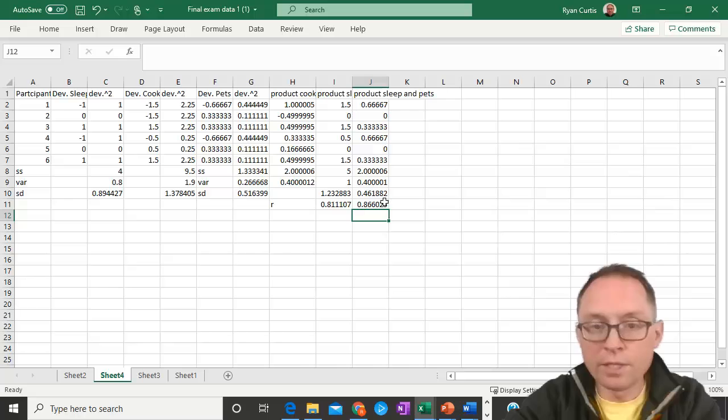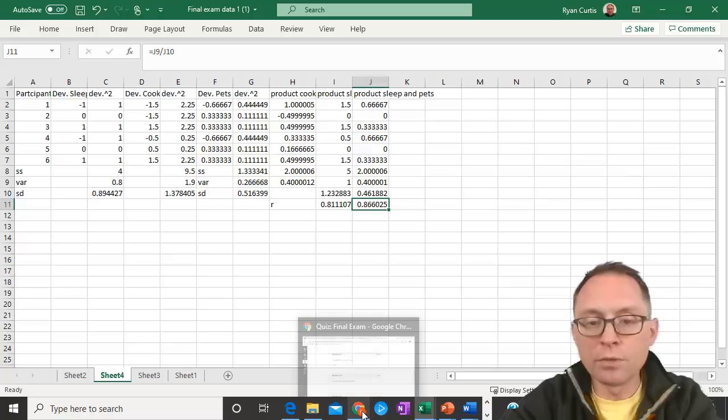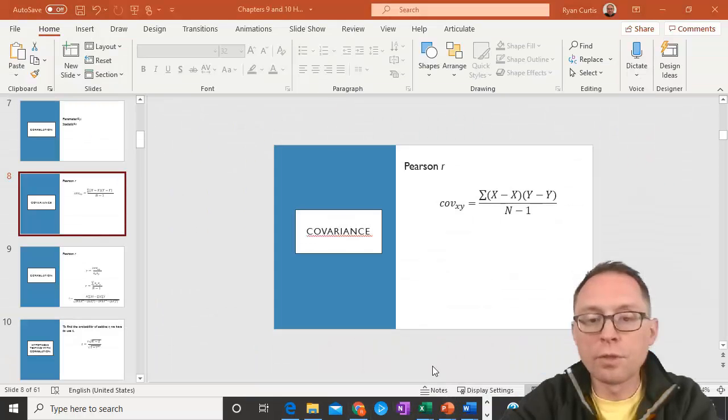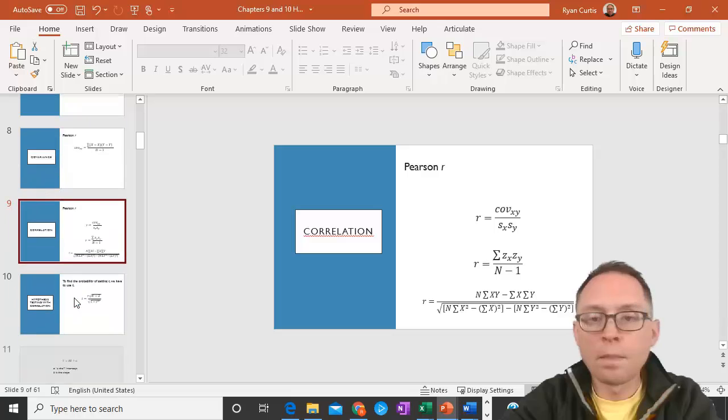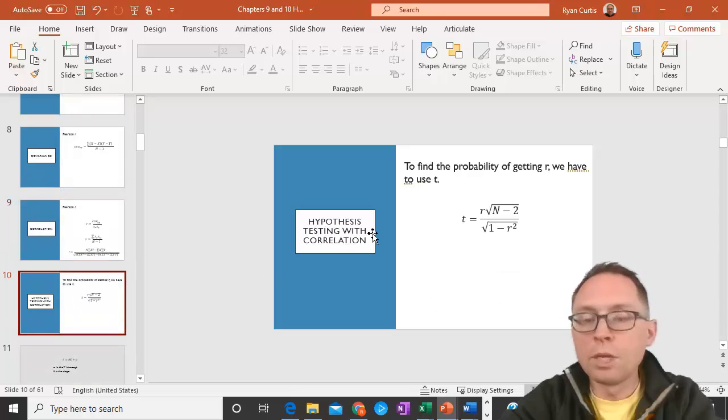Now, so this is R. We've got R, but we need to calculate T from R. So that means we need to use this: R times the square root of n minus 2 divided by the square root of 1 minus r squared.